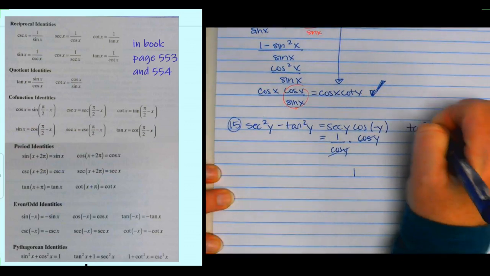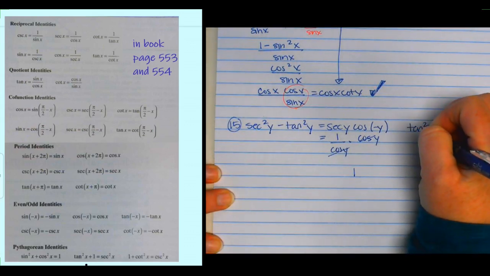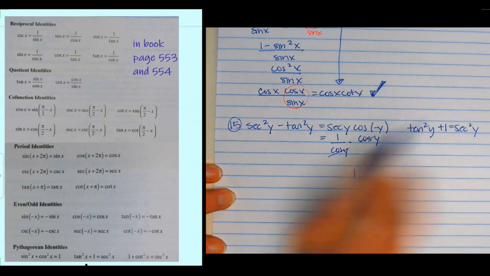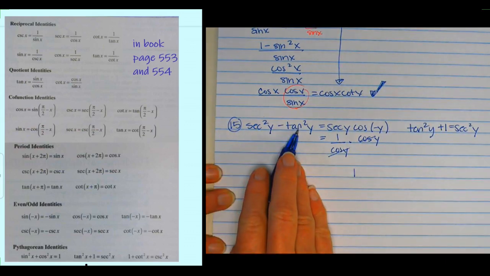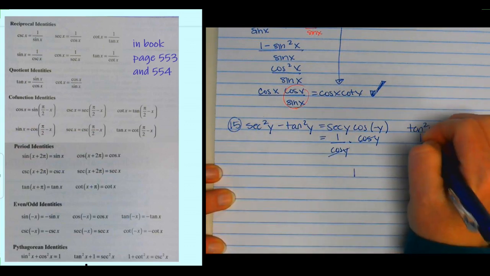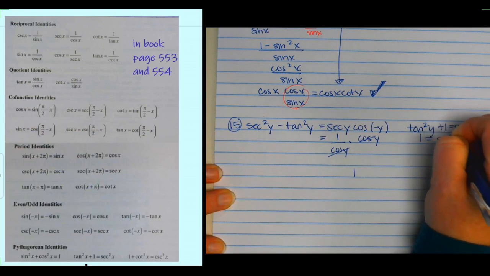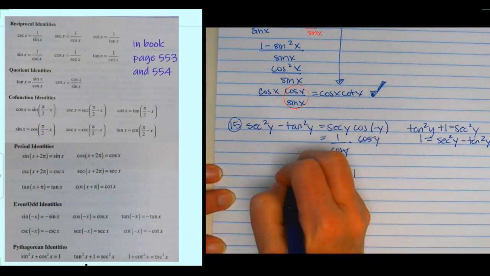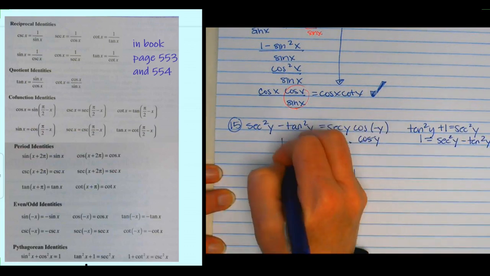Tangent squared of y, in this case, plus 1 equals secant squared of y. And if you rewrite this, if you move the tangent over here, you get 1 equals secant squared y minus tangent squared y. So I can replace this whole thing by 1, and I'm done. So I've proven it.